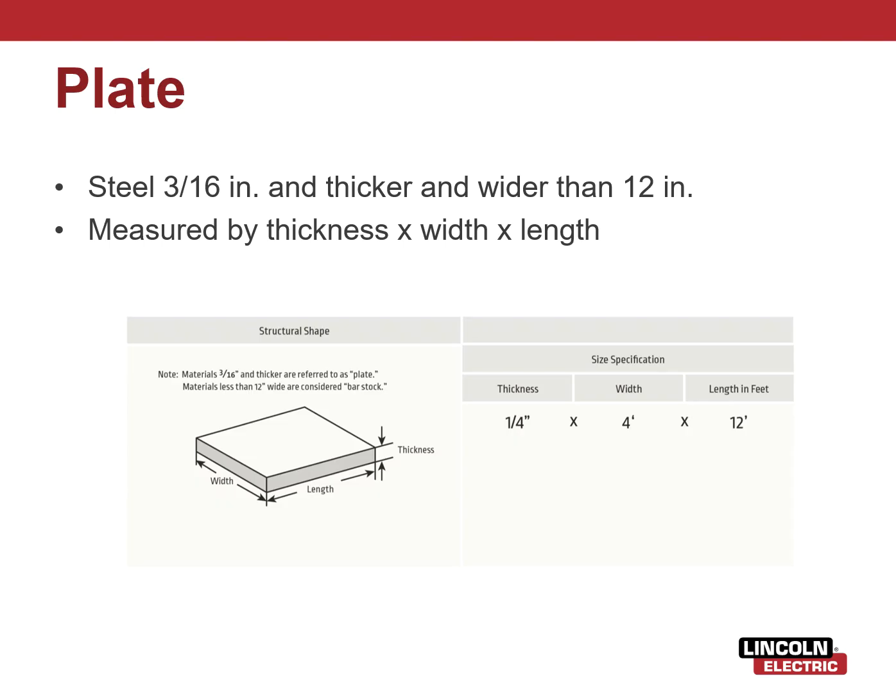And this is just measured by thickness and then width and length. Again, length, linear feet, how long that piece is, is always going to be last. So for plate, I'm going to have a 1/4 inch by 4 foot. So that's just saying this is a 4 by 4 plate, okay? Or I could get a 1/4 inch 4 by 8, right?